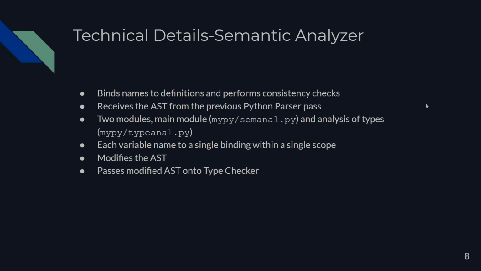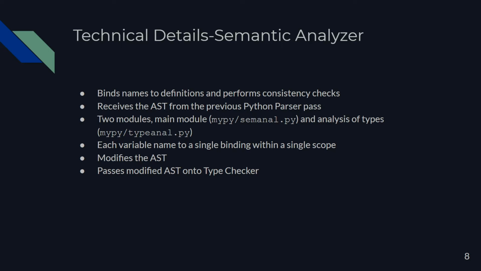So then the semantic analyzer starts binding these variable names to definitions and begins performing consistency checks from the AST that it received from the Python parser. There are two main modules, the semanal and the typeanal.